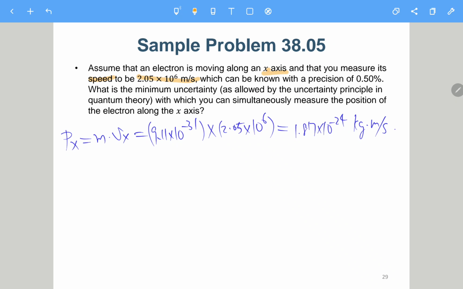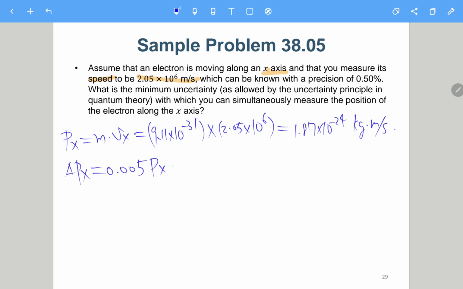Okay, so it tells you that the precision is 0.5%, which means that delta px is 0.005 times px.